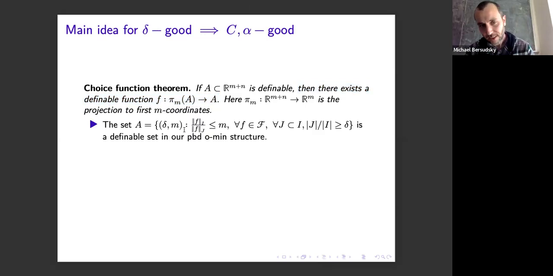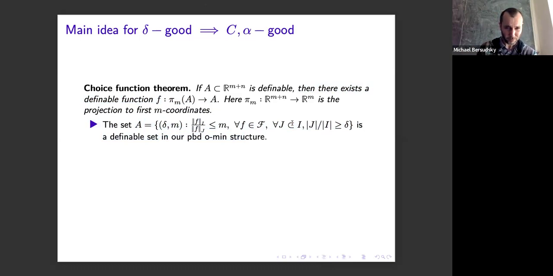Here is the nice thing. If you consider this set, it's a set in R squared, and the condition on this delta, M is just something that involves definable stuff using first order logic operations. So this set is definable in our polynomially bounded o-minimal structure.